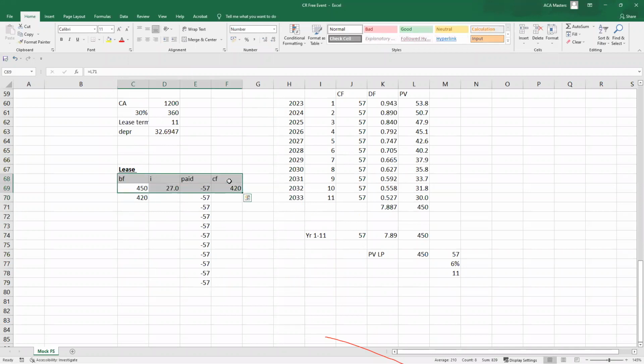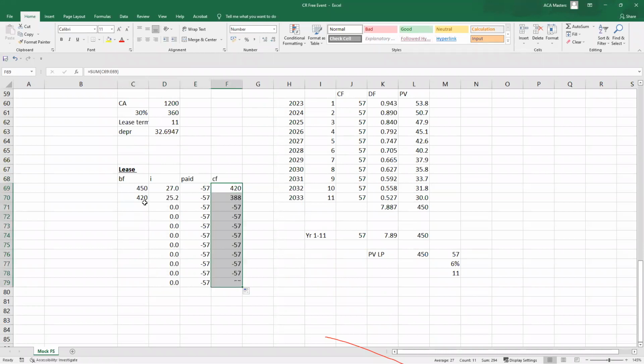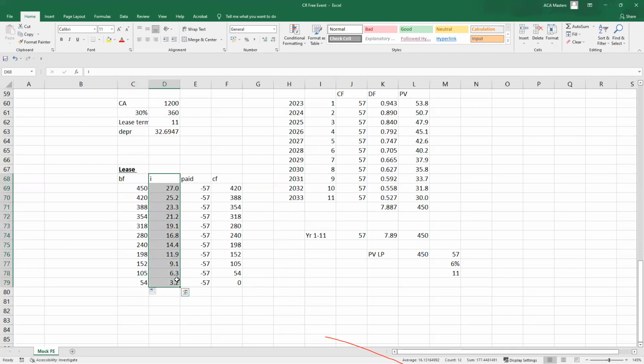All you have to do is the first year here, but just to demonstrate how amortized cost works, we'll end up getting down to 0 when we get to the end of the lease. You can see what we've done is discounted it down to present value, but we've unwound that discount every year. That's the interest which is recorded in the P&L, because that's the effective interest over the life of the lease. This is the actual lease payments made, and therefore that just clears the lease balance down to 0.